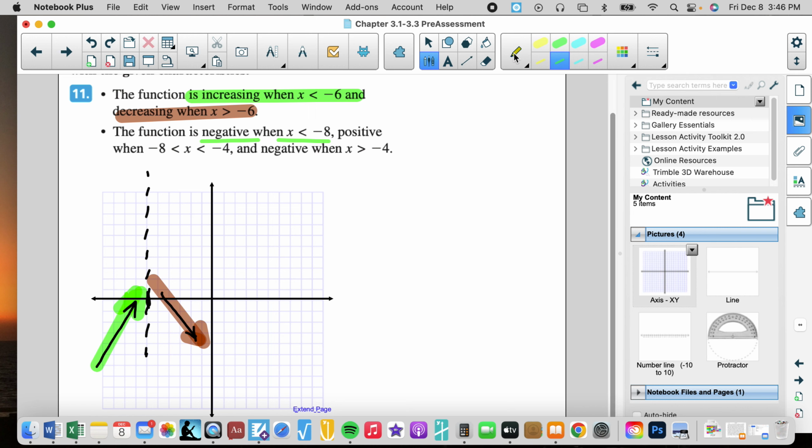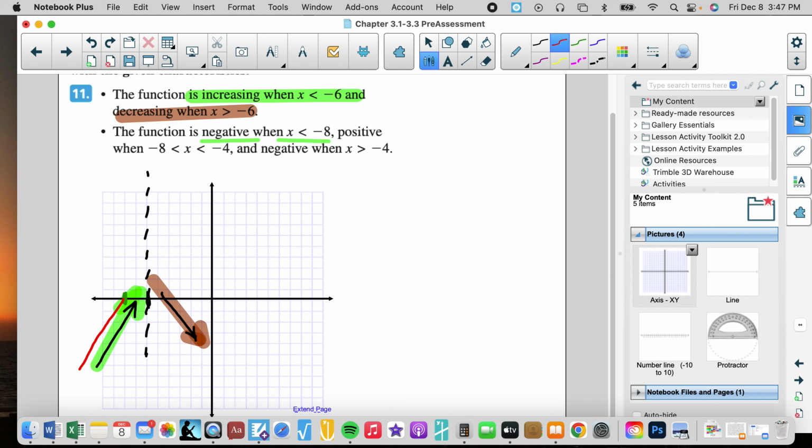So at -8, which is right here, it's going to be below the graph. Once it gets to the right of -8, it's going to go above the graph. So at -8, the function is negative, less than -8, so it's going to be below here. So let's do red. So it's going to be below the graph at -8.